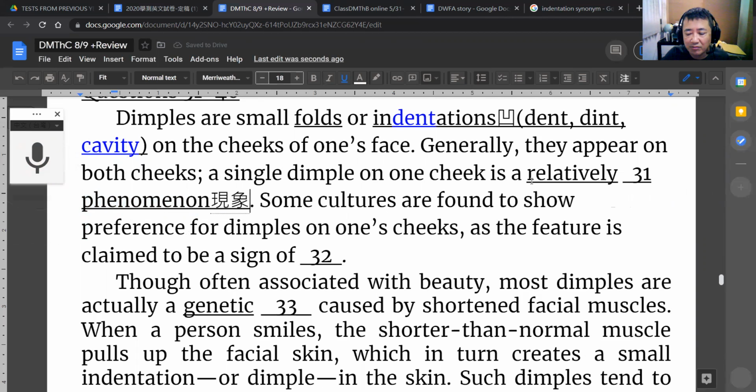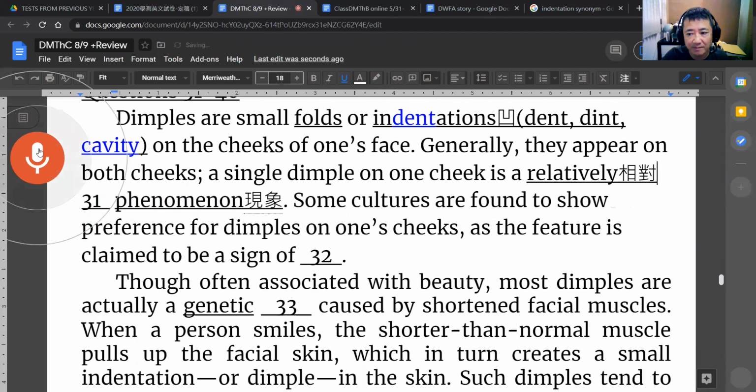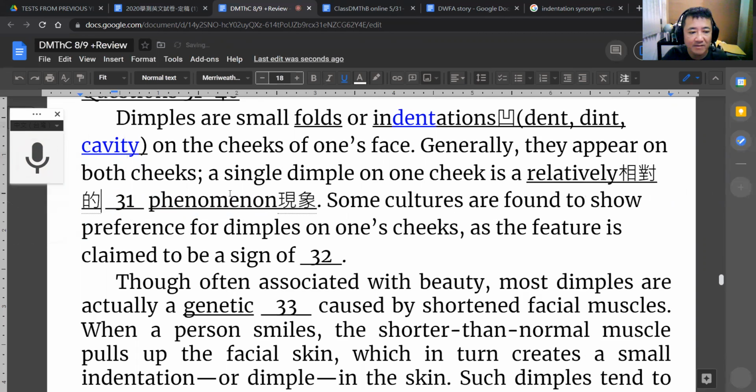Relatively means 相对的. So it says that generally dimples appear on both cheeks, but then have one dimple on one cheek and not the other. That is a 相对的 what kind of 现象, right?